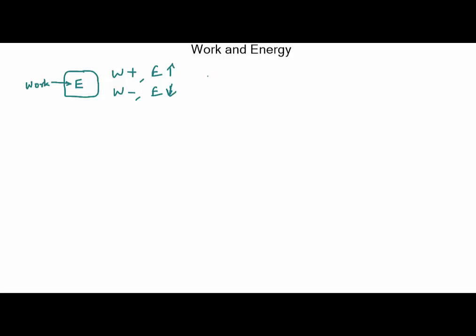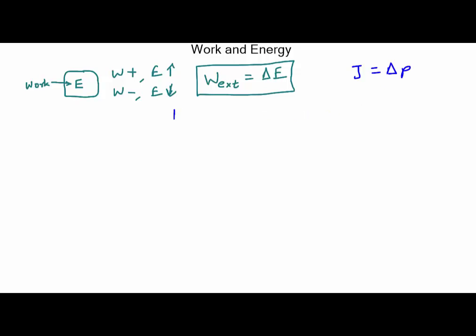And so this is codified in this simple equation that says work from an external source equals change in energy of the system. Now this is the change in the total energy of the system. And if you remember, this is analogous to the fact that impulse was equal to the change in momentum, which was the impulse-momentum theorem.